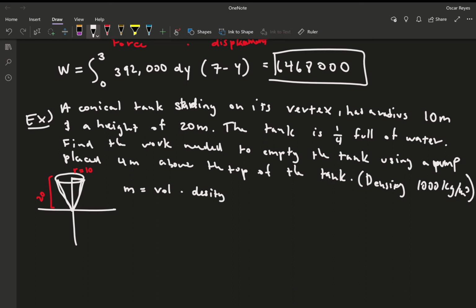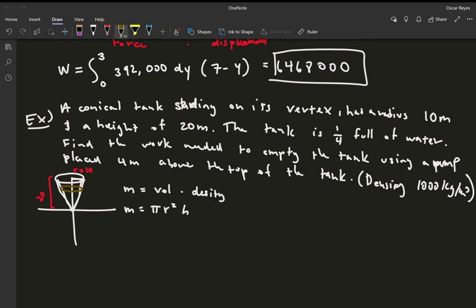So we know that the volume is equal to pi r squared times h. So what we can go ahead and do is that our radius changes. Every single slice, if we dissect this and select a slice, this little circle here looks like a disc.